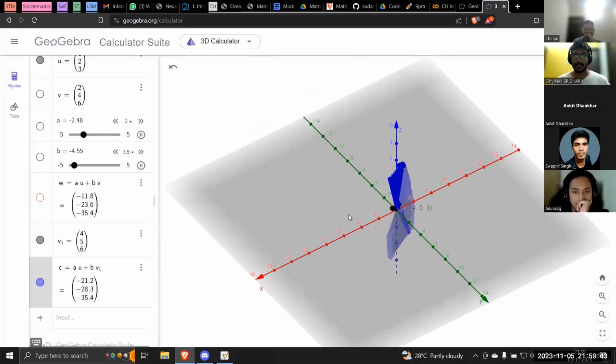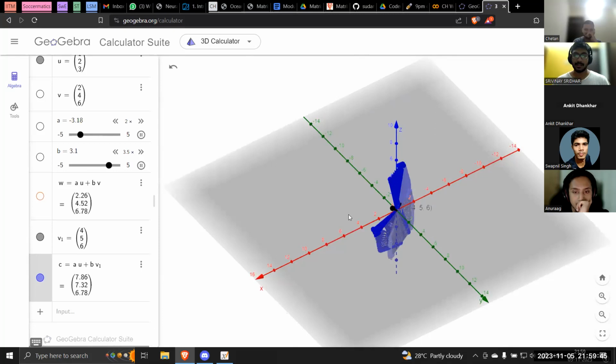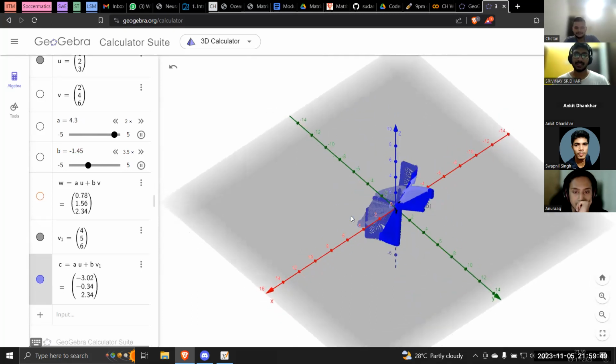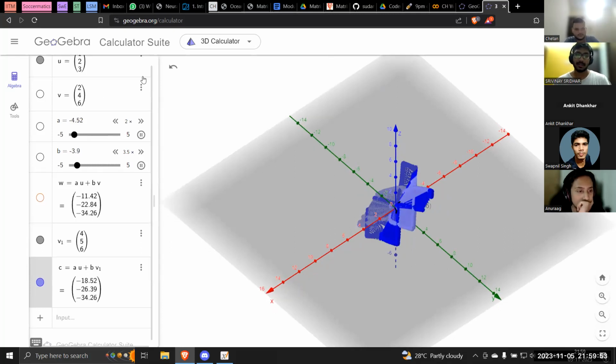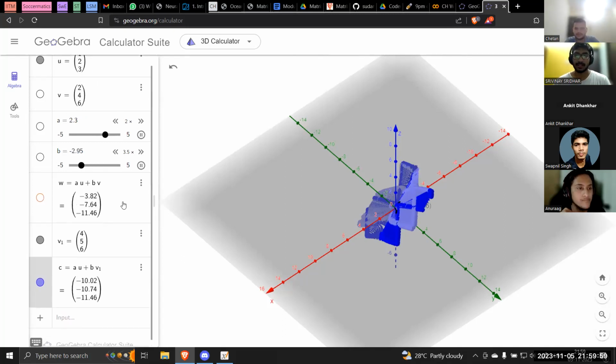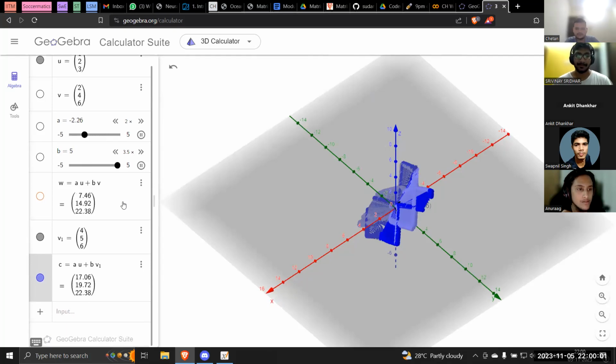Yeah, you've seen this multiple times, I think. So what is the difference between the pair u, v and the pair u, v1? Can anyone tell us?